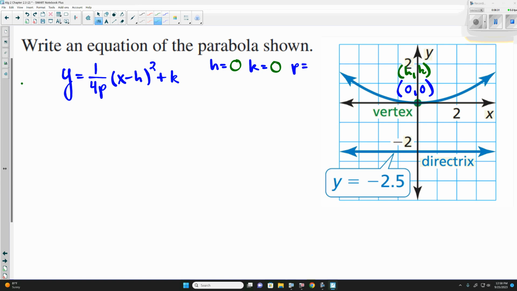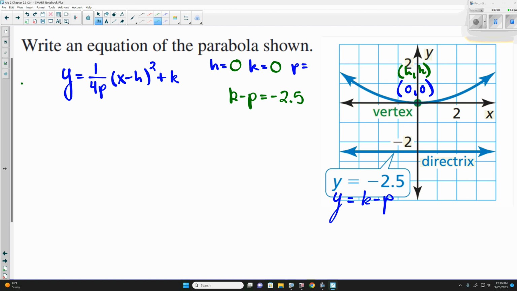Now our directrix, if we look at the general form, is y equals k minus p. So matching that up to the general form of this equation, what it's telling us is that our k minus p value should be negative 2.5. If we plug in the values of k and p into this equation, we should get negative 2.5.